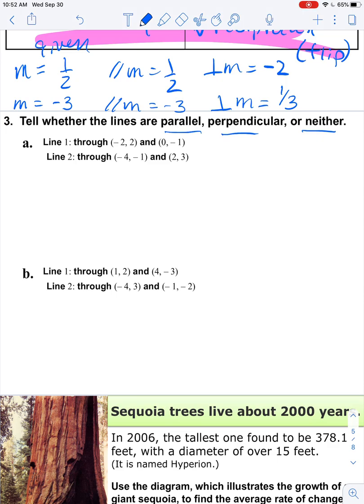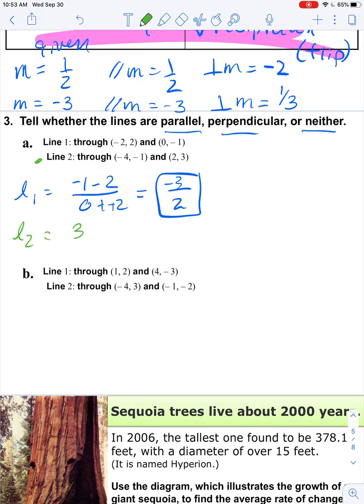So here, when I'm testing to see if they're parallel, perpendicular, or neither, I'm looking at their slopes. So for line 1, I'm going to do y2 minus y1 over x2 minus x1. This turns into -3 over +2. I can't make a decision based on that. I just have to compare. So now I'm going to compare that to line 2, which has a slope of y2 minus y1 over x2 minus x1.